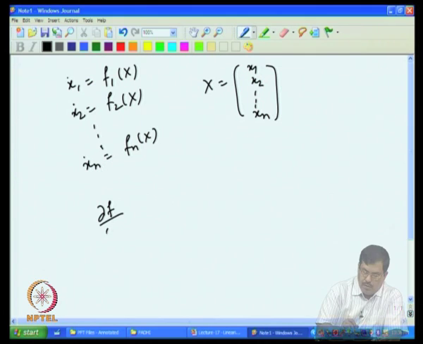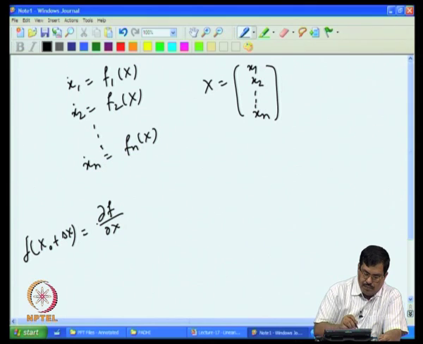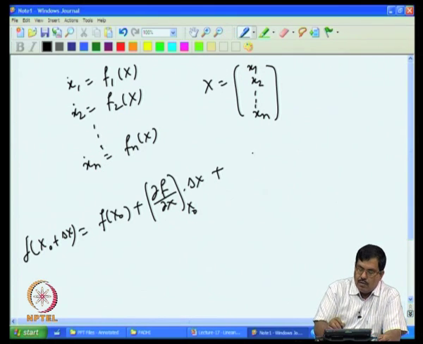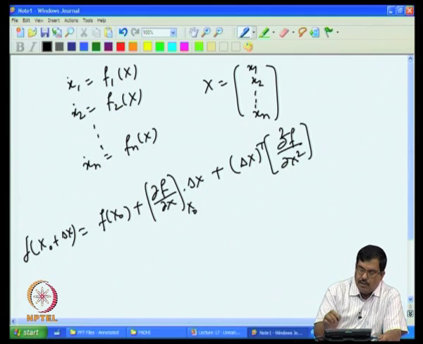f of x 0 plus delta x is equal to f of x 0 plus del f by del x evaluated at x 0 times delta x, plus the second order term, if you want to write it, which will become delta x transpose del square f by del x square, this is a Hessian matrix now, evaluated at x 0, times delta x, whole divided by 2 factorial.